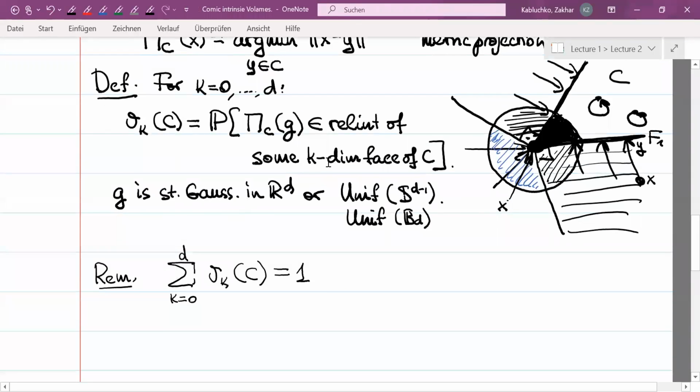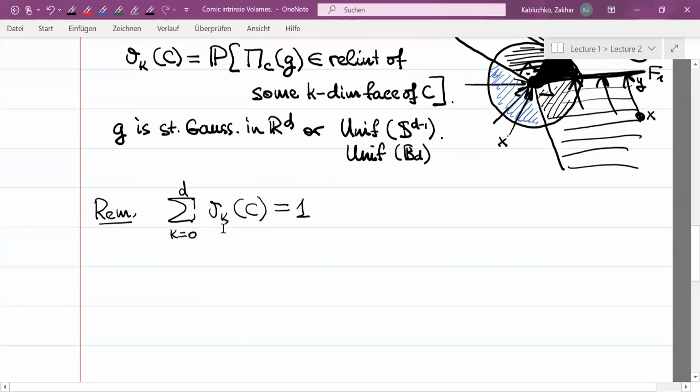So for some dimension, a point is projected to a face of this dimension, and therefore they sum up to 1. And also they are non-negative, which means that all these numbers form a probability distribution.